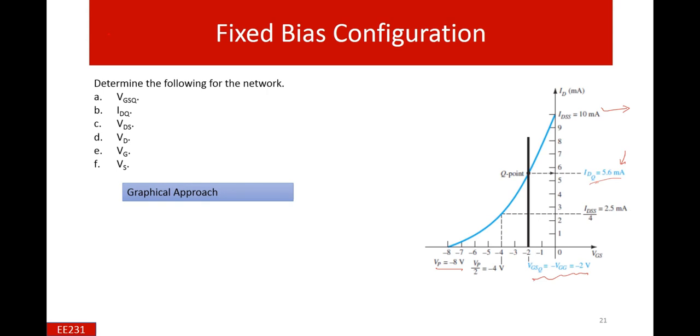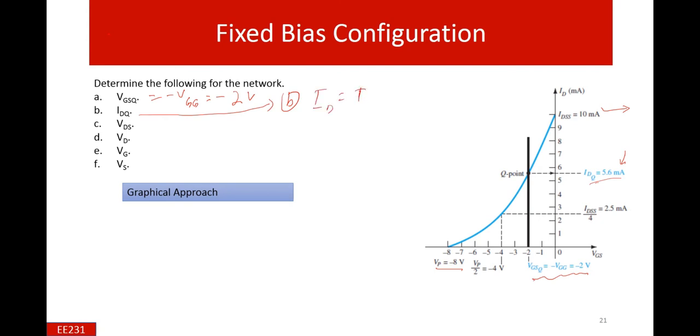So how to find these values by using this graph? When we are talking about the VGS, it is equal to minus VGG. It is the biasing battery across the gate, it is minus 2 volt. It is given in the graph. And similarly, we can find the current, the B part, by using the same relation.